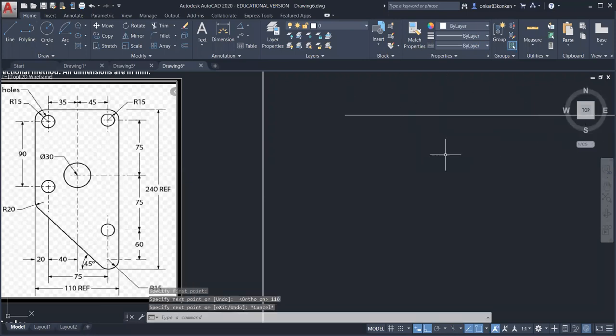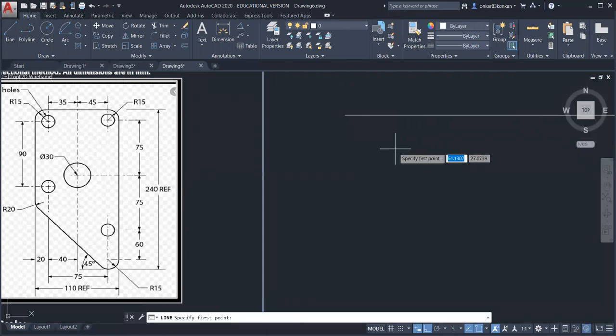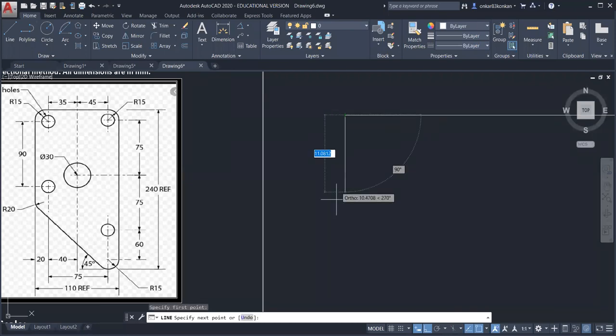So this is your first line. Then draw the second line. So this will represent this complete line, that is equal to 90 plus, so you can take 15. Okay. So 90 plus 15, that is equal to 105.